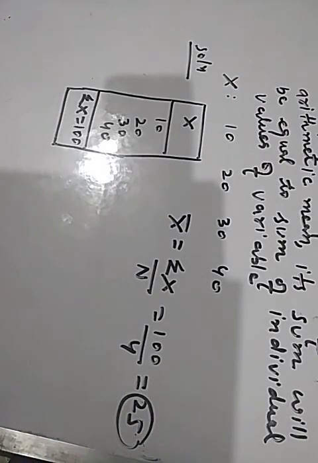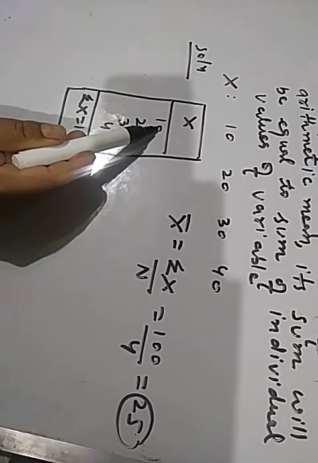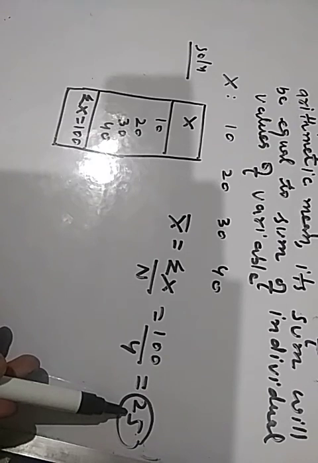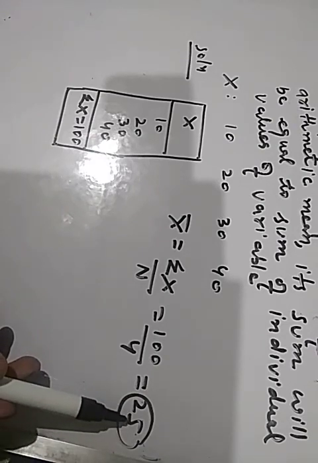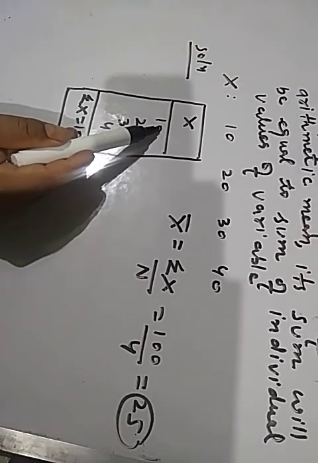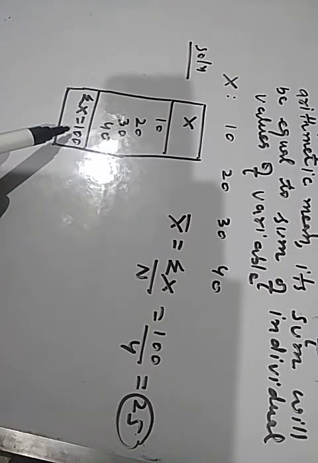Now if we replace these values 10, 20, 30 and 40 by the value of the arithmetic mean, the sum of these arithmetic mean values will be equal to the sum of the individual values of the variable, that is equal to 100.